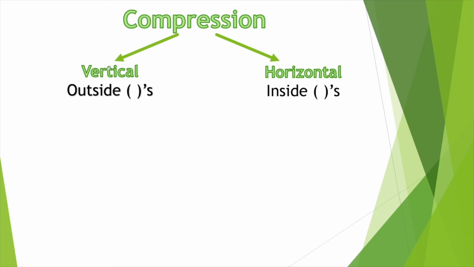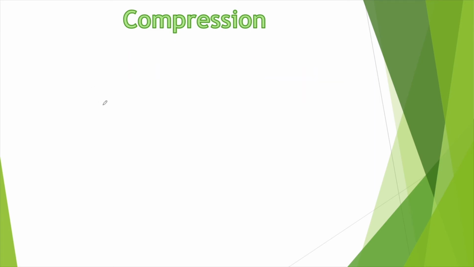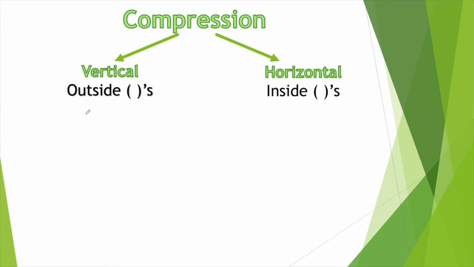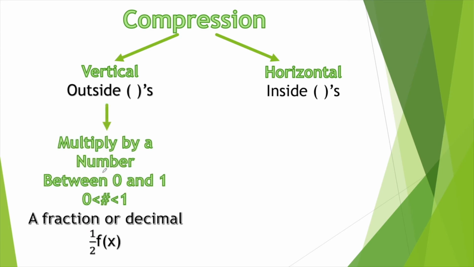If we have a vertical compression or horizontal compression, both of the inside and outsides fall in line just like they did before. But a vertical compression is actually going to be a lot like the horizontal stretch, in the fact that a vertical compression will be multiplying by a number between 0 and 1, which is a fraction or a decimal, and 1/2 f of x.